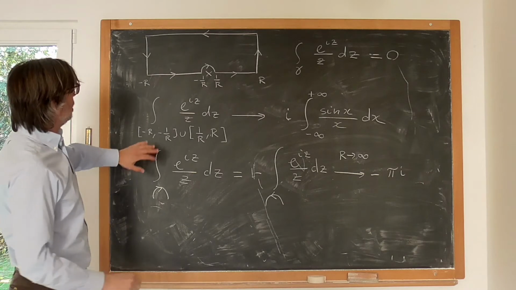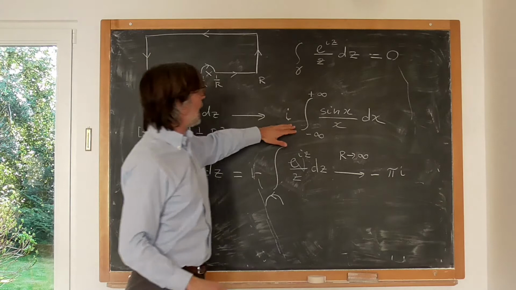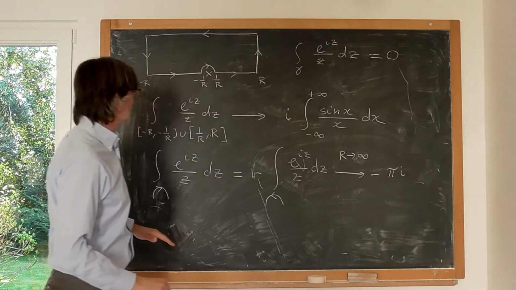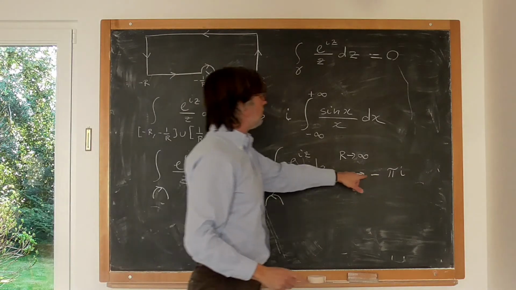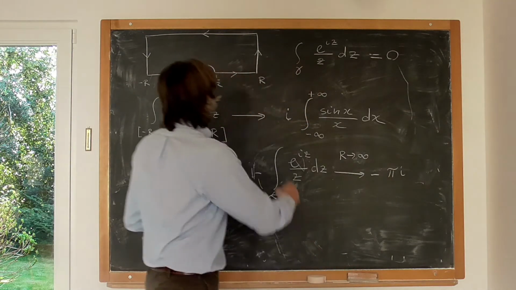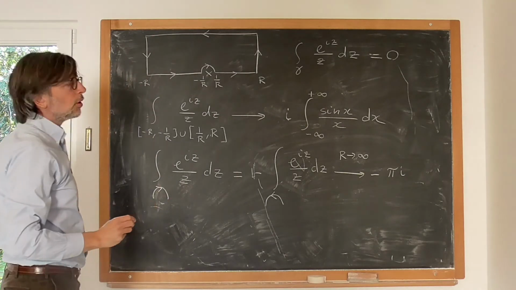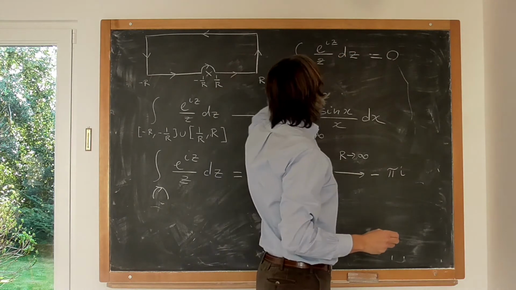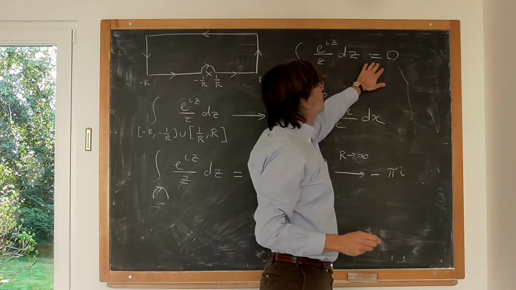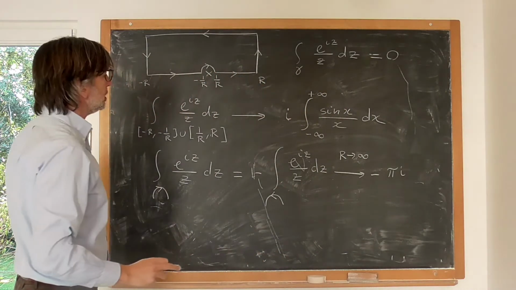Okay, so this part converges to i times the integral we are interested in. The integral here converges to minus pi i, and the integral on all the other pieces goes to 0. And in total, the integral over the whole contour is 0, no matter how large the contour is.